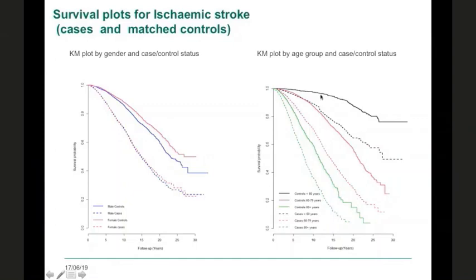And again, the cases have poorer survival prospect compared to the control. And as we can see, if we are older, we have poorer survival prospect. We further observe that the gap between case and control for different age groups tends to get smaller as age increases.